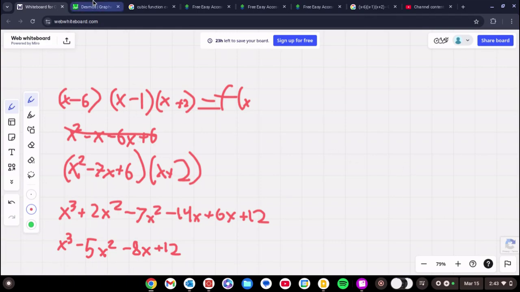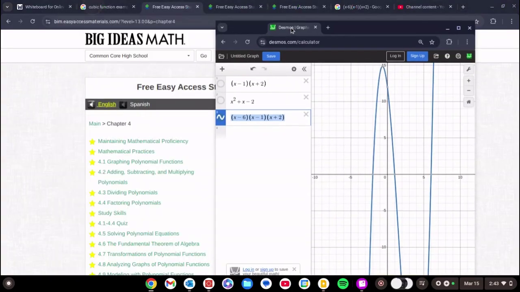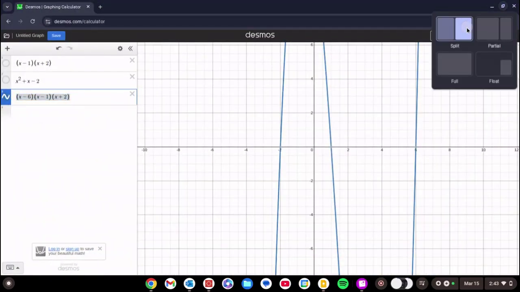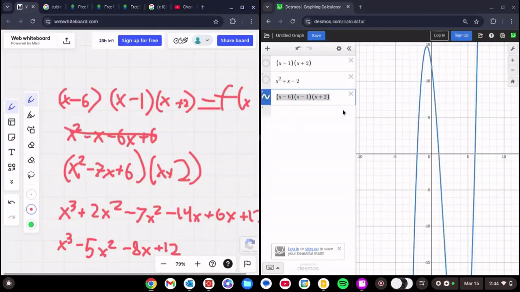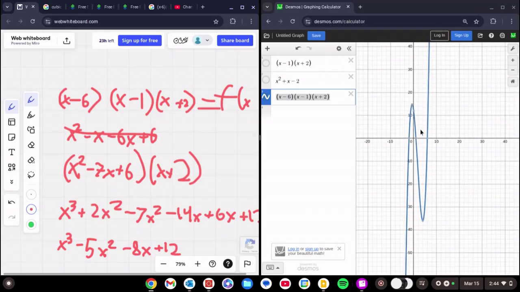I'm actually going to split screen this to make it a little bit easier on me. So we already have this one graphed. So let's see.